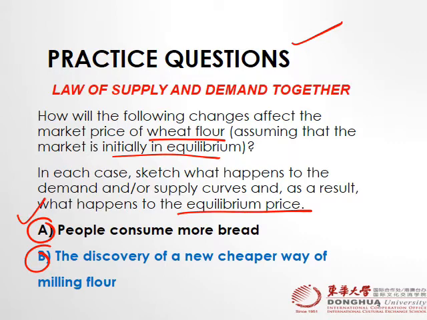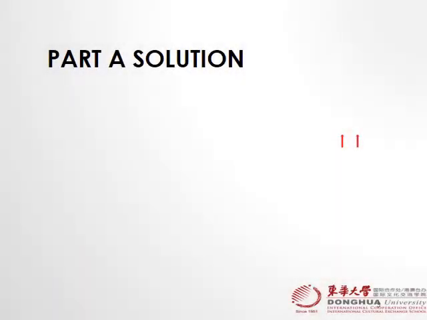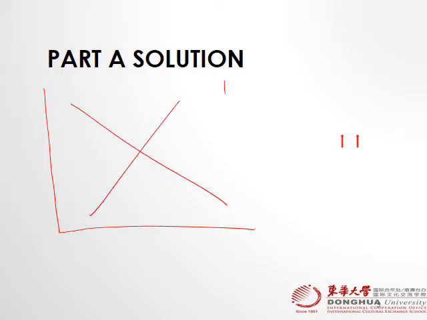So let's do our first one. Remember, we have a market of wheat flour. As the question mentioned, the market is in equilibrium. So this is a flour market, and this is our already quantity and price, and this is equilibrium, right? And now what happened?